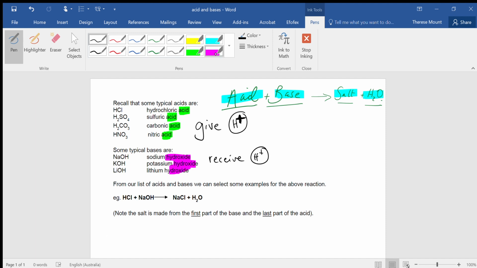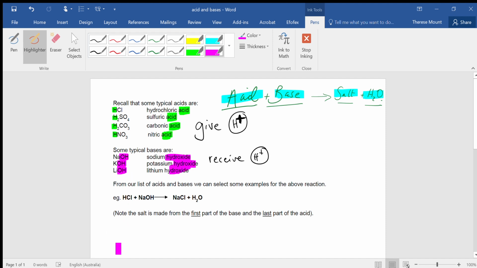Let's have a look at acids. Like I said, not too much detail this year, but if you want to identify an acid, usually they have an H at the start. See that? And with bases, usually they have a hydroxide at the end of them.